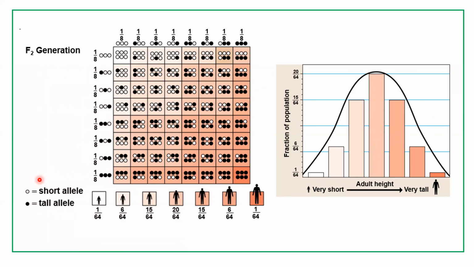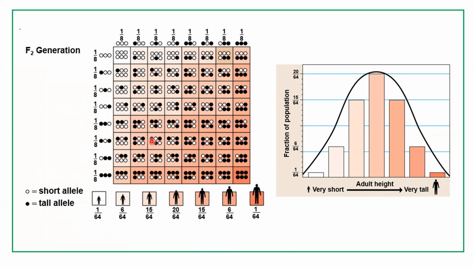So over here, the short allele is shown in white color, and the tall allele is black. So we have 3 genes. 3 genes will give you 6 alleles. So now if your parents give you all 6 short alleles, then you're going to be very short. If your parents give you all 6 tall alleles over here, you're going to be very tall.